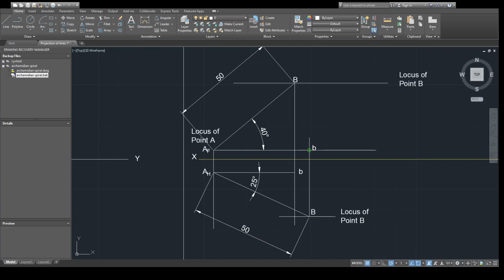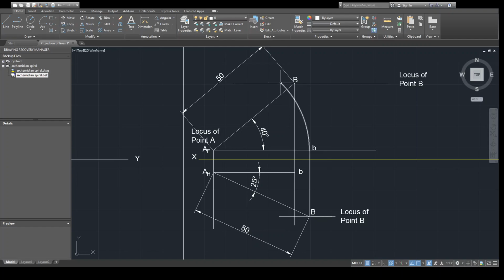So I have drawn the arc from point b up to the locus of point B. The radius is AFb. The extra part I will just trim out. Okay.